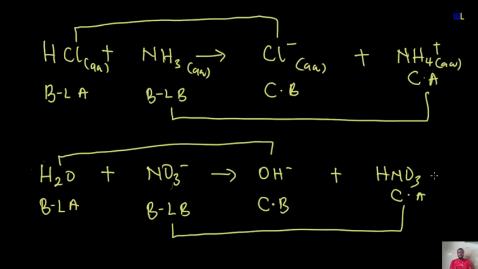The difference between a Bronsted-Lowry acid and its conjugate base is 1 proton. It also applies to the base. The difference between a Bronsted-Lowry base and its conjugate acid is 1 proton. So that is to say, a Bronsted-Lowry acid has 1 hydrogen more than its conjugate base, and a Bronsted-Lowry base has 1 hydrogen less than its conjugate acid.